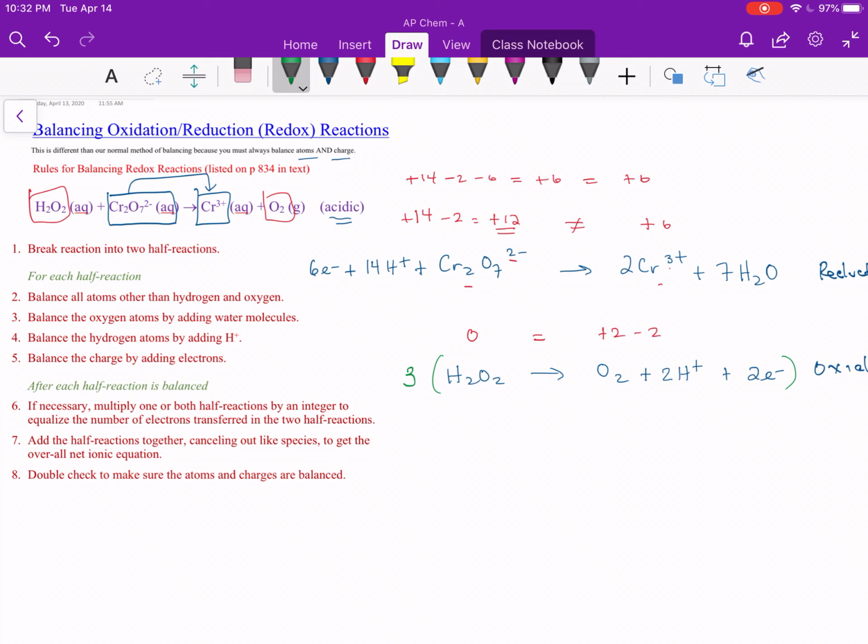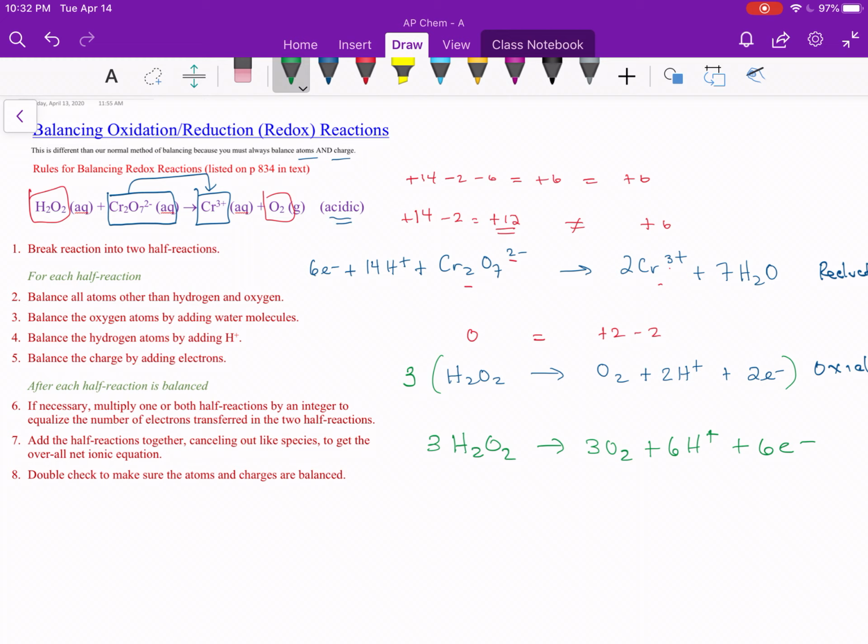And when we multiply that by 3, we get 3H2O2 going to 3O2 plus 6H pluses plus 6 electrons. Okay, so we had to multiply everything through by 3, but now we see the electrons are the same.